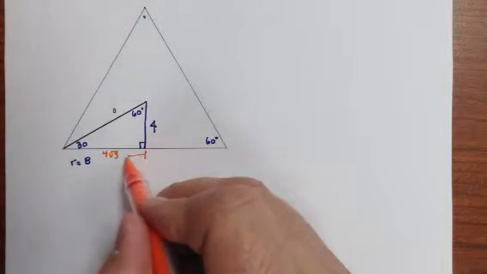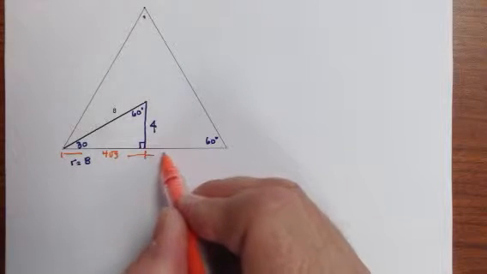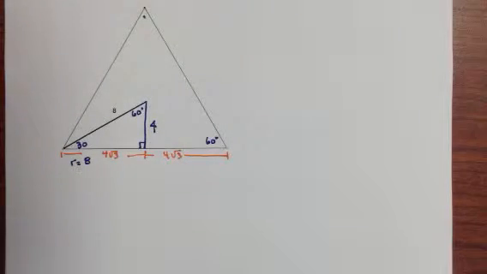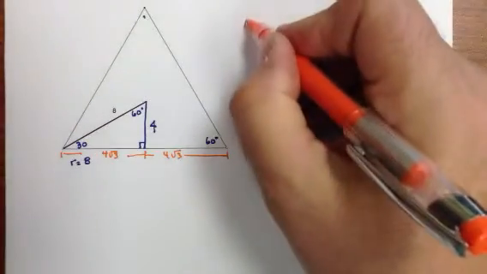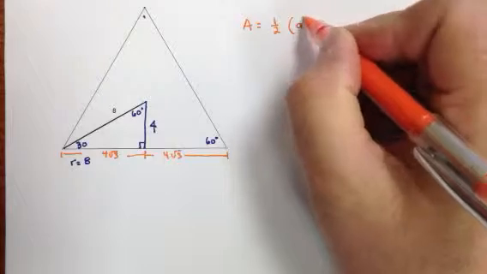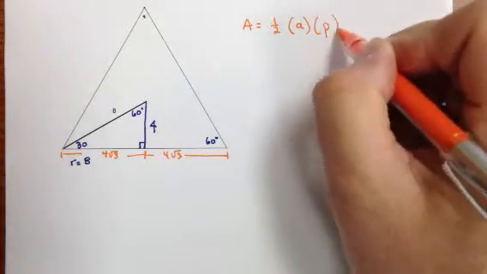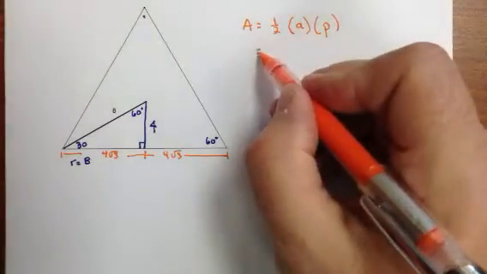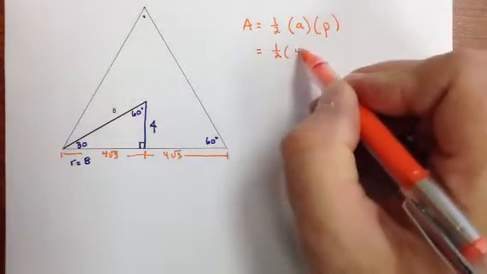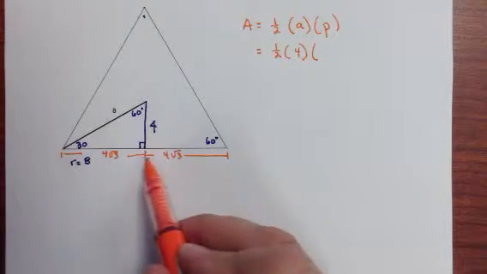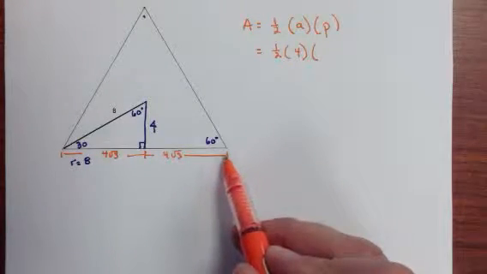And truthfully, both sides are 4 radical 3 if you need to find the perimeter. Area is 1/2 AP. Oh, I guess we do need to find the perimeter. 1/2 AP. So we have 1/2 times 4. The length of one side is 8 radical 3.